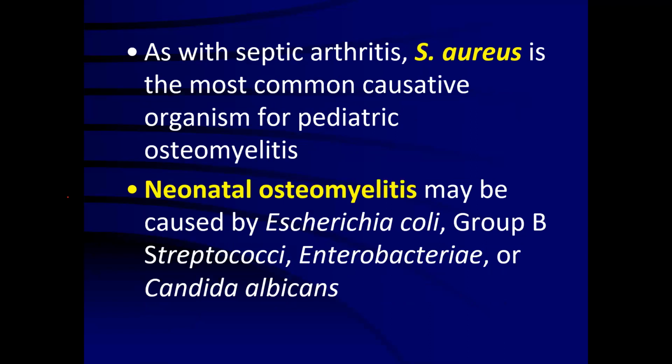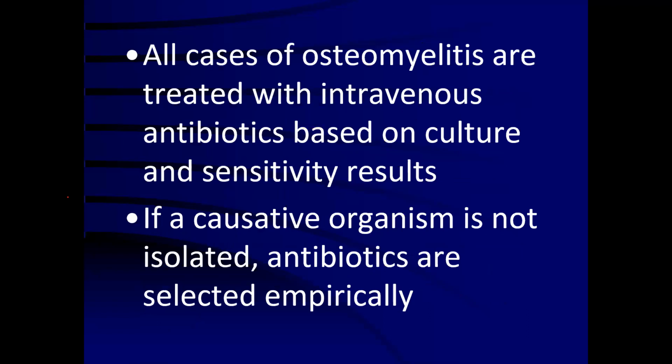As with septic arthritis, Staph aureus is the most common organism. Neonatal osteomyelitis may be caused by E. coli, strep, enterobacteriae, and Candida albicans. All cases of osteomyelitis are treated with intravenous antibiotics based on culture and sensitivity results. If a causative organism is not isolated, antibiotics are selected empirically.